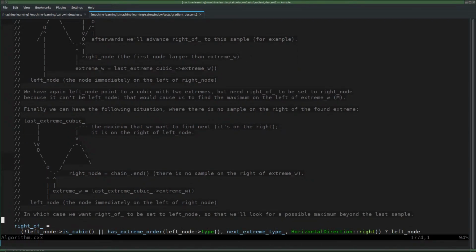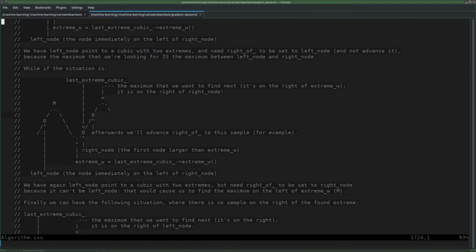The picture is missing. The situation we have is this one, but then without that left node existing. Let me see if I understand why.